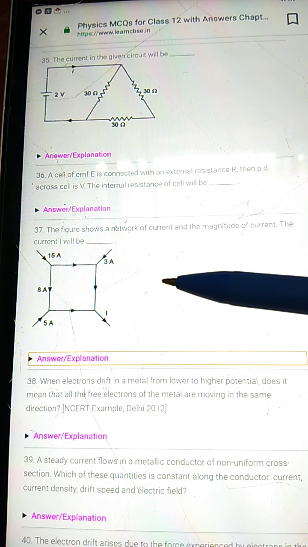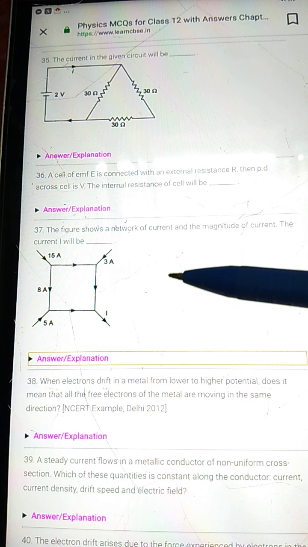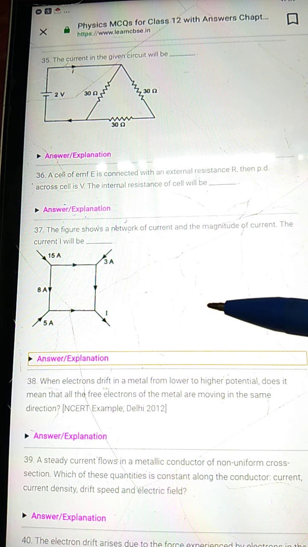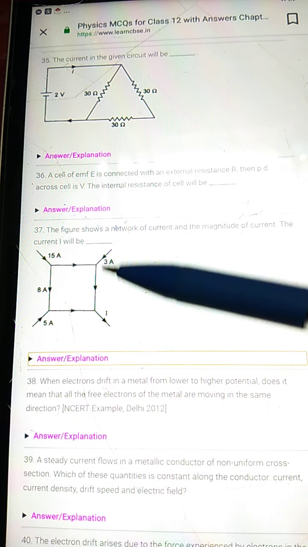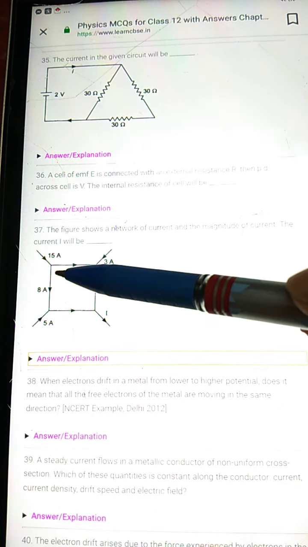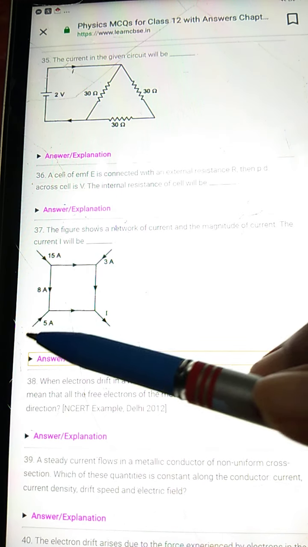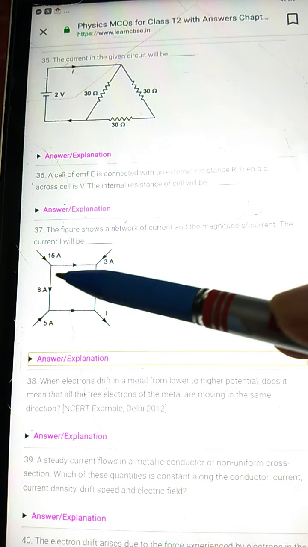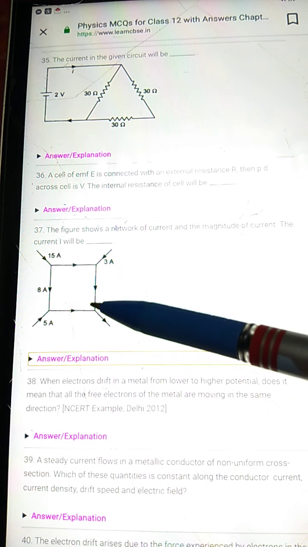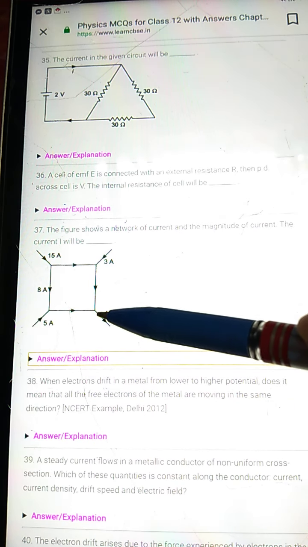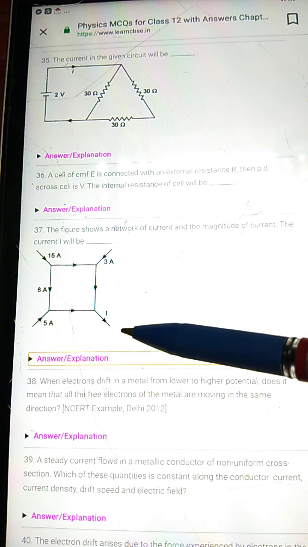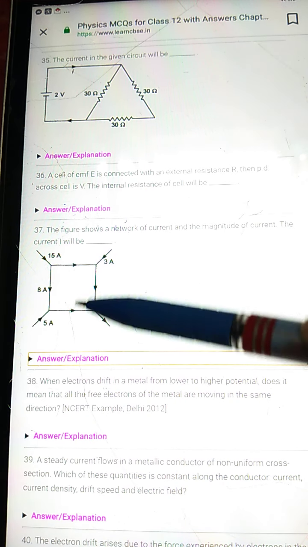Question number 37. Again, I consider it a very important question, an intelligent question. You can see that 15 ampere current, 3 ampere current and 5 ampere current are entering this square, and there is only one path out of this square.